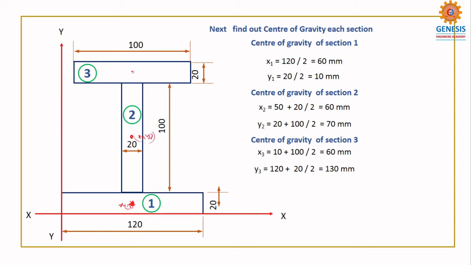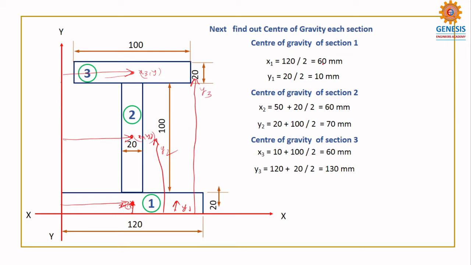Section 3 has coordinates x3, y3. This x3 is from the y-axis, x2 is from this axis, x1 is from this axis. This is y1, this is y2, and this is y3.